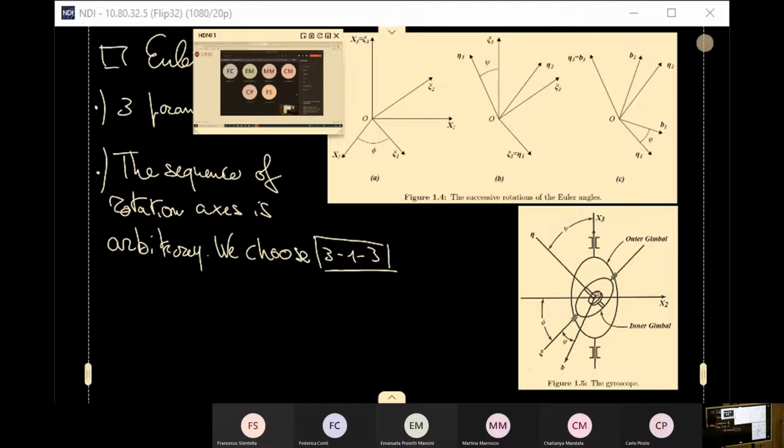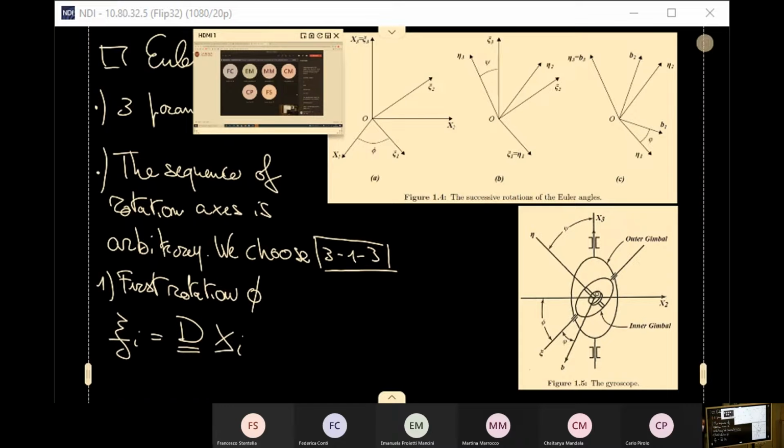So the first rotation, phi. Well, we have that the general axis xi, which can be xi1, xi2, and xi3, must be obtained as a rotation matrix applied over the axis xi, right?